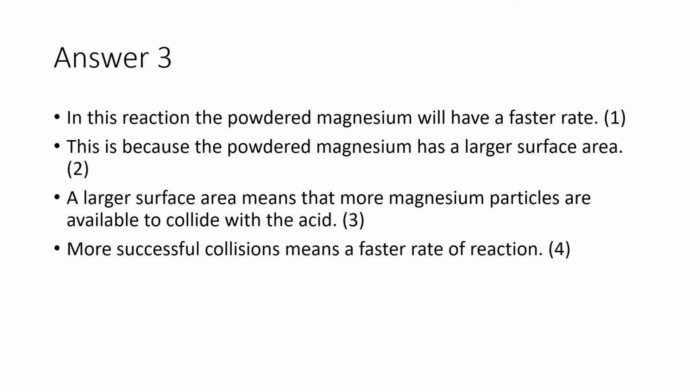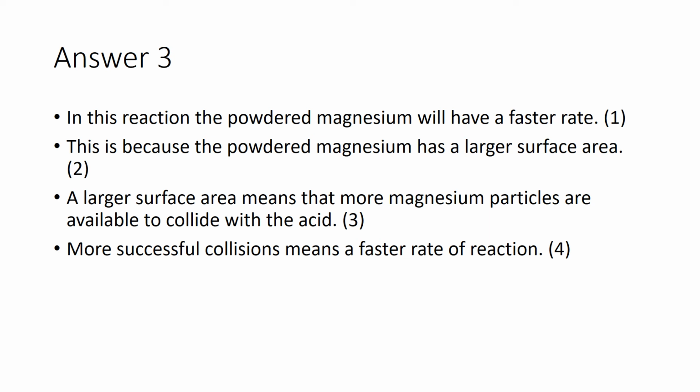So, our answer for exam style question 3. In this reaction, the powdered magnesium will have a faster rate. That's your first mark, being able to identify that the powdered magnesium is going to have a faster rate. This is because the powdered magnesium has a larger surface area. That's your second mark.